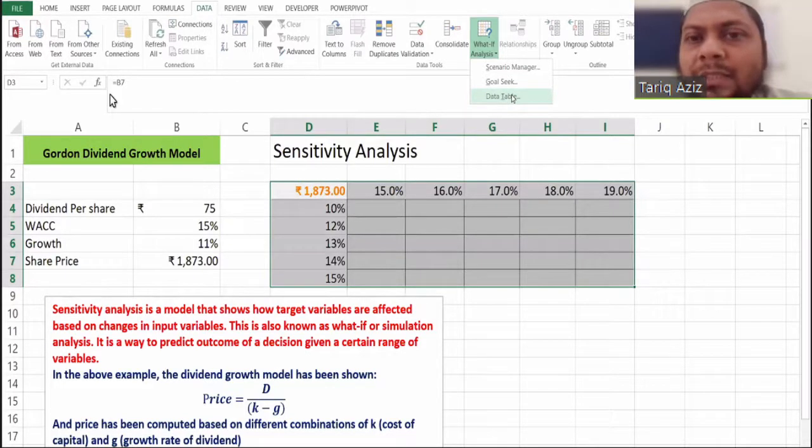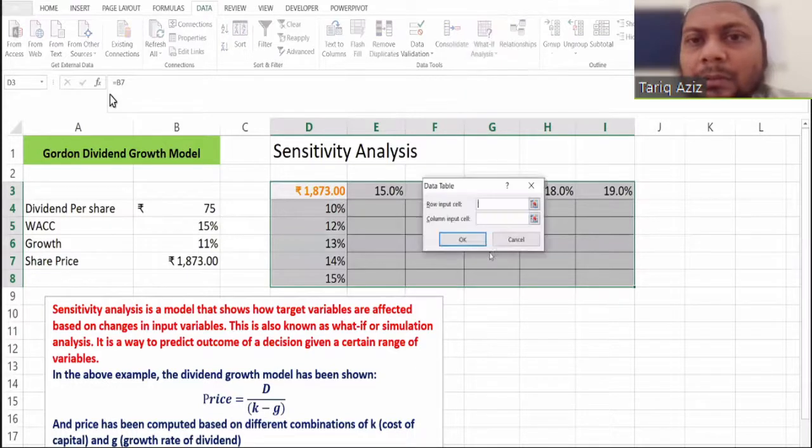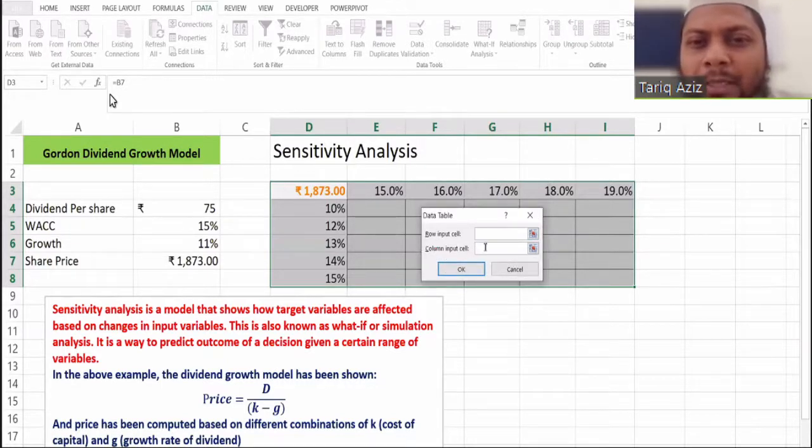Once I select Data Table, a box pops up, which is asking me to define the row input and column input. It is asking me what these figures 15%, 16%, 17% are. So I will tell the software that this is the weighted average cost of capital, so I have selected B5.